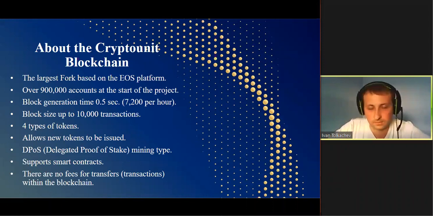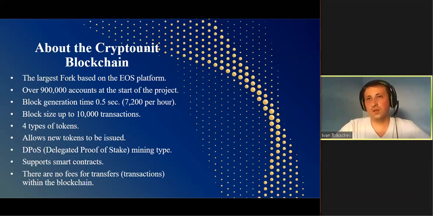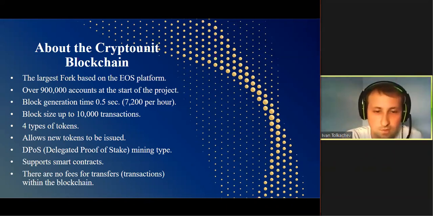You can see the difference between the first and the third generation of blockchain technology, meaning that the Cryptounit blockchain outperforms the first generation Bitcoin-based blockchain many times over. The number of transactions per hour is about 10,000, whereas the Cryptounit blockchain has up to 20,000 transactions per second.